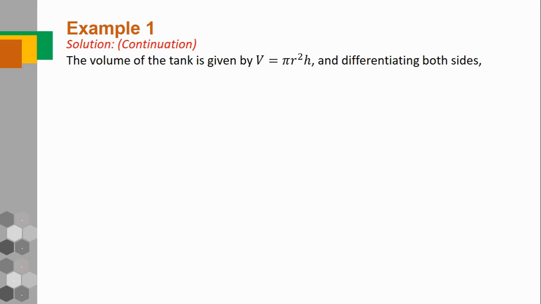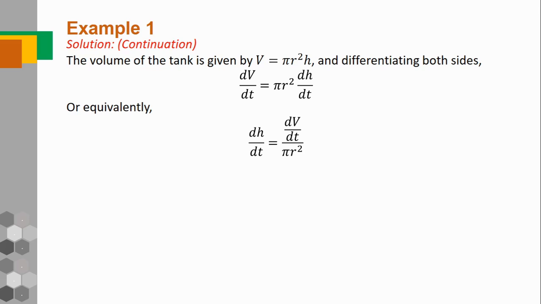And in this problem, r is considered a constant because it is not changing with time t. Differentiating both sides with respect to t, we get dV over dt equals pi r squared times dH over dt. Or equivalently, dH over dt equals dV over dt over pi r squared.